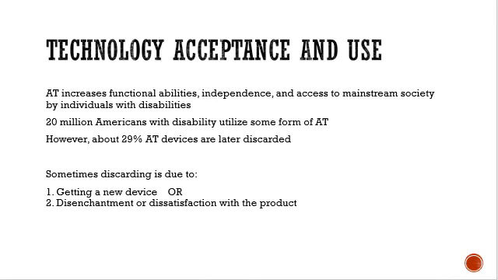So the technology helps to increase functional abilities, independence, and access to mainstream society by individuals with disabilities. As of the writing of the book, there are more than 20 million Americans with disabilities who are using some form of technology. One concern, though, is that a lot of people will abandon that technology, so upwards of 30%.